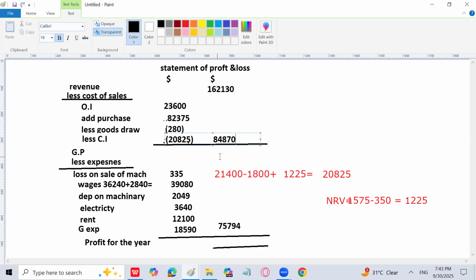And the gross profit? 162130 minus 84870, that is 77260. And now subtract 75794. We'll get the profit for the year. And the answer? 1466. Okay, that's fine.